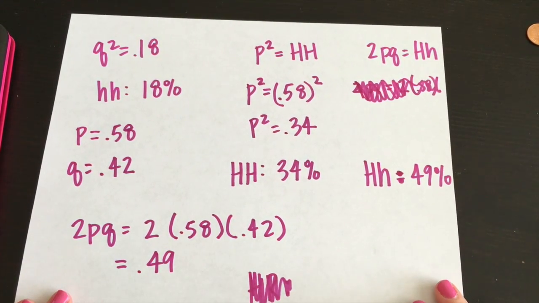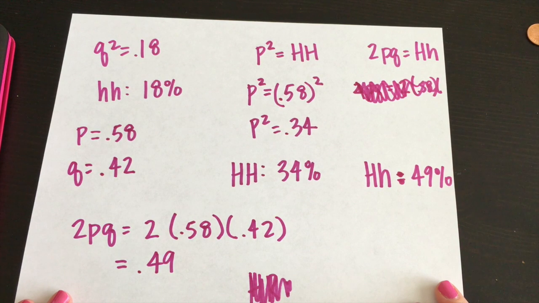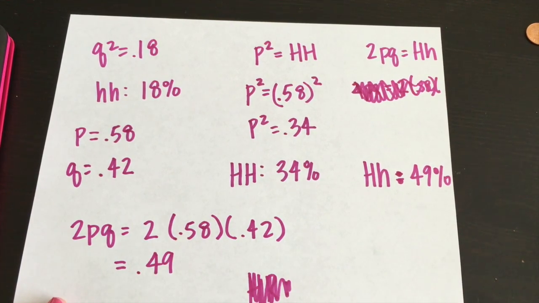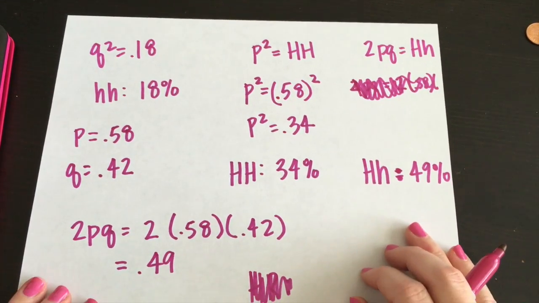Guess what, guys? You just did Hardy-Weinberg without ever plugging it into the formula, okay? Break the math down into little pieces and think about what you have, all right?